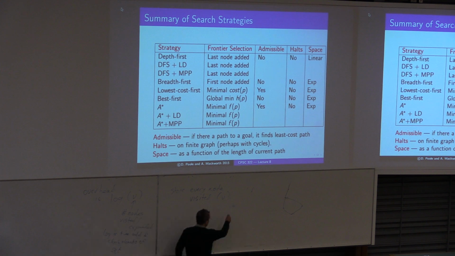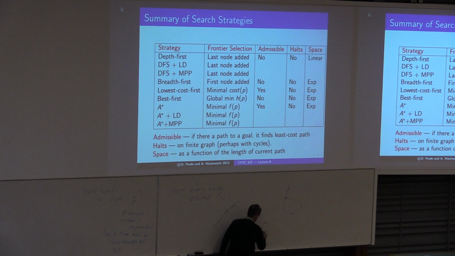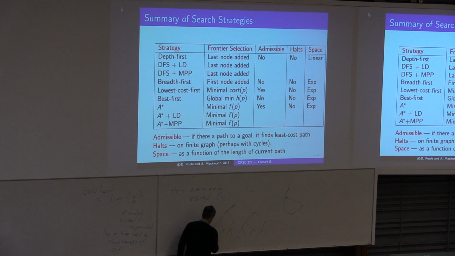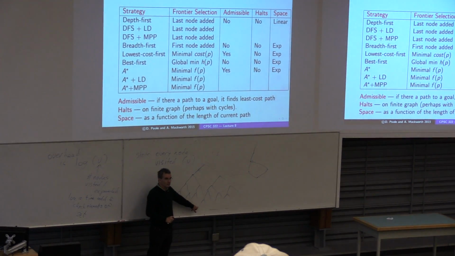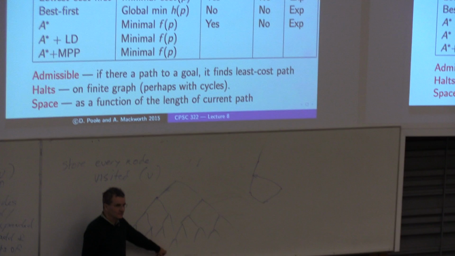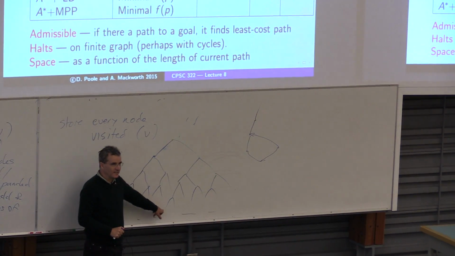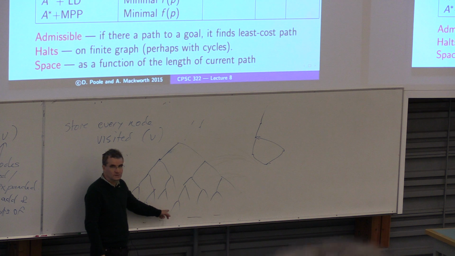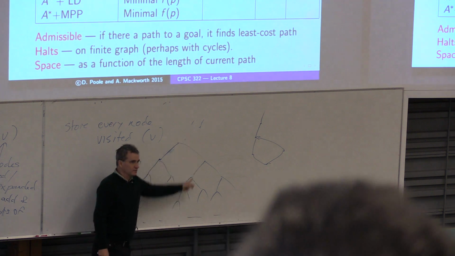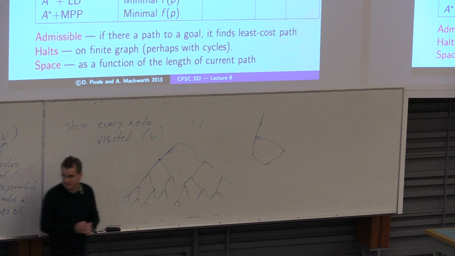Remember we might have a whole lot of paths. In the worst case, it's something like this. How much space does depth first with loop detection require? Linear. You have to store this path, so in terms of the path length, it's linear. Okay.